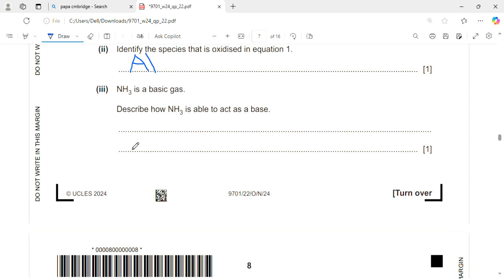A base is an acceptor of the positive ion.